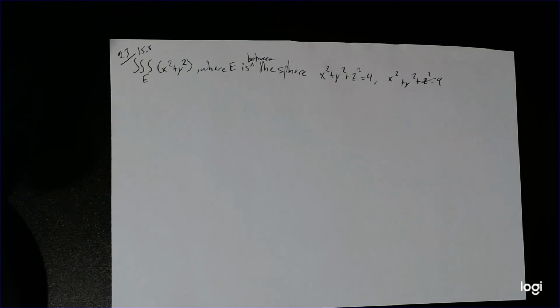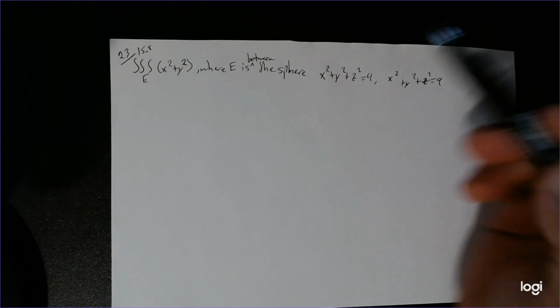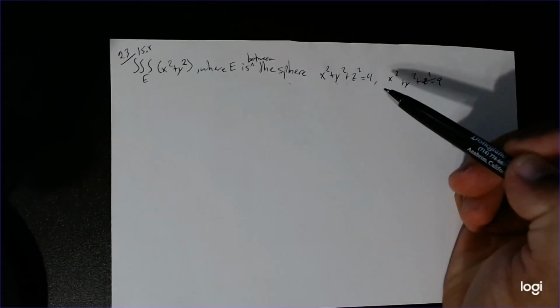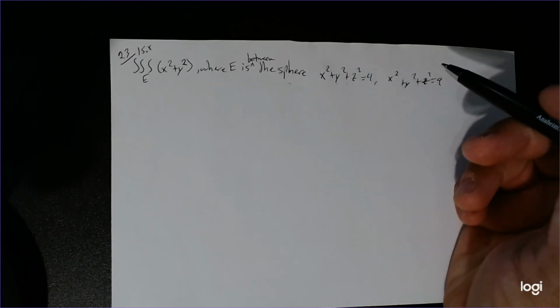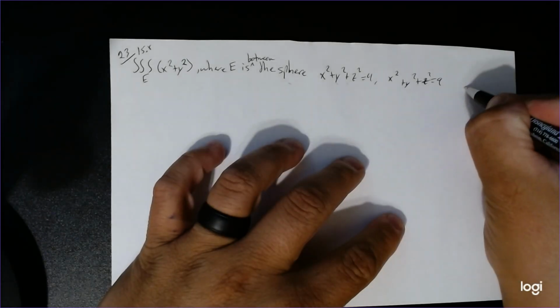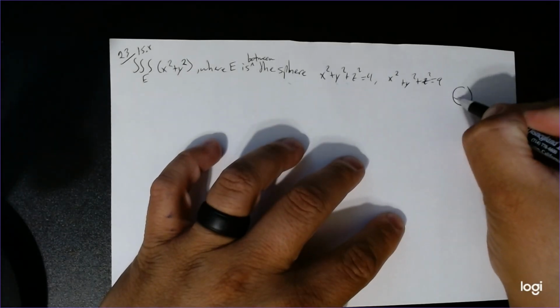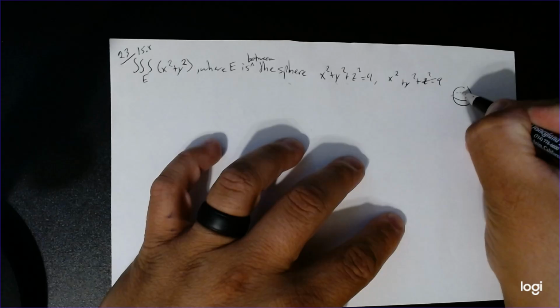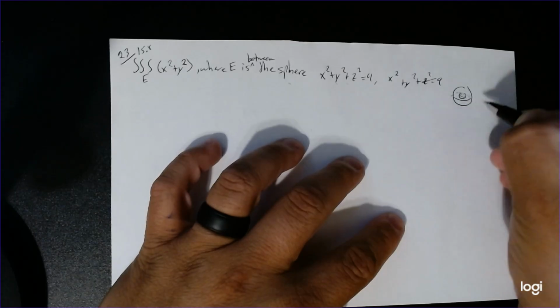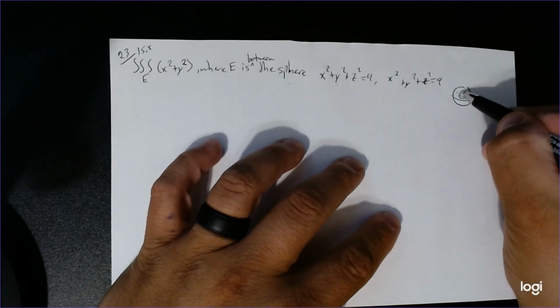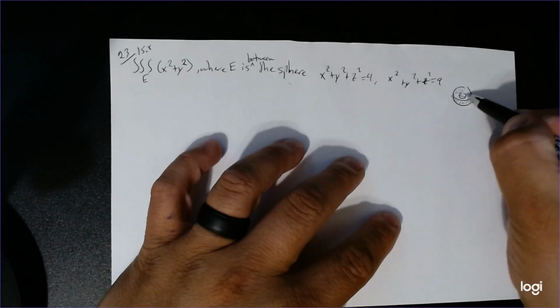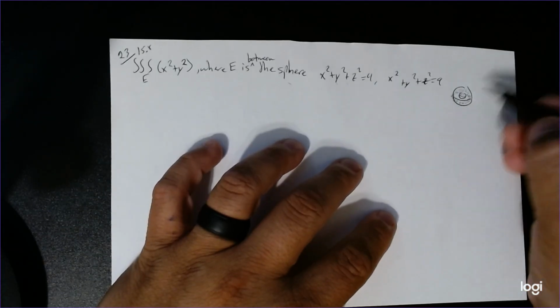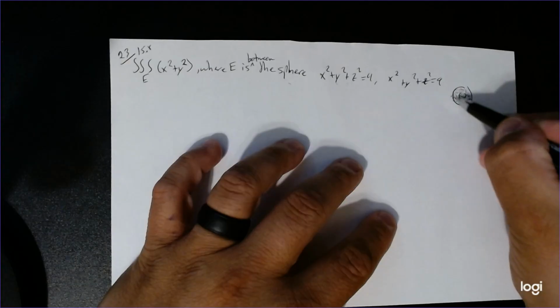Okay, so evaluate the triple integral where E, and they tell you E is, right, so that's our ball, where E lies between the two spheres. Oh, okay, so we have a big sphere and a little sphere. All that. So the hollow Earth, that's what we're looking for.